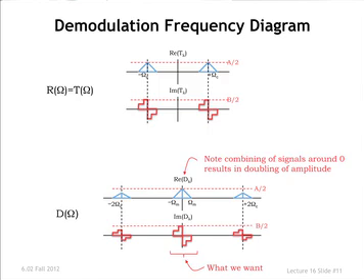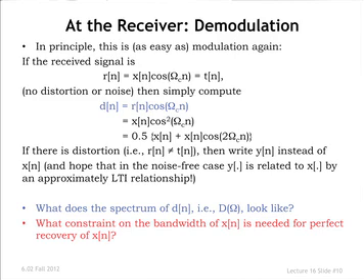And I'm going to multiply it again by a cosine at the carrier frequency. So what is it that I have to do? I take this entire spectrum, plunk down a copy centered at plus omega c, and another copy at minus omega c, because my demodulation, just to remind you, is multiplication by cosine omega c again.